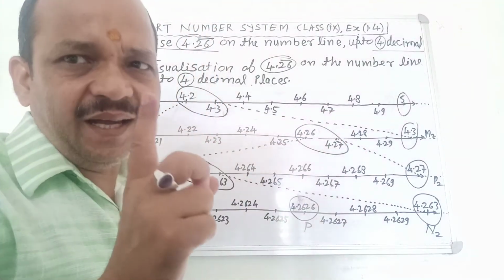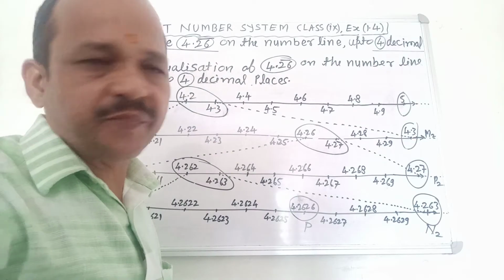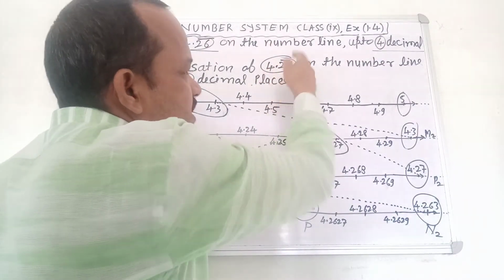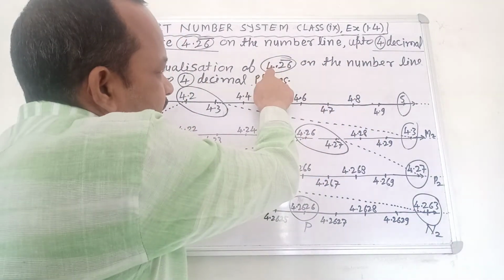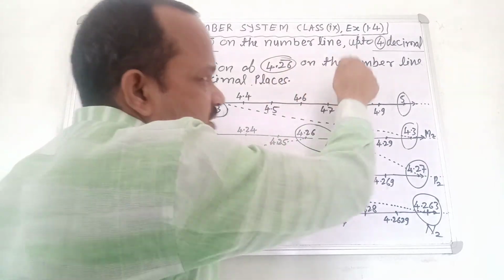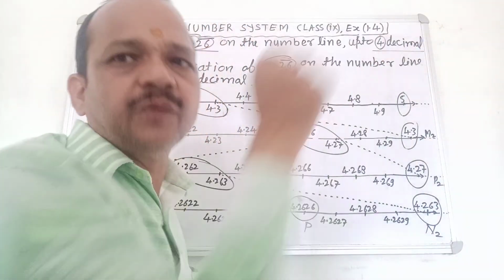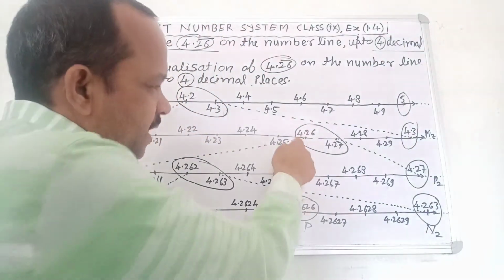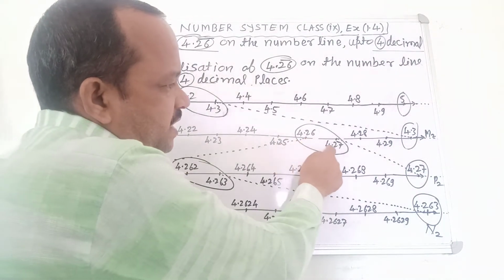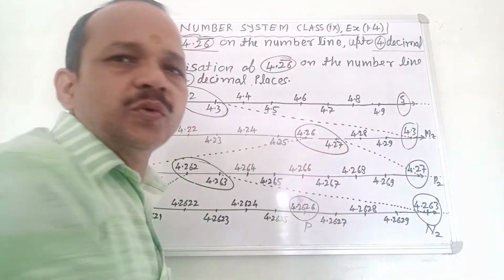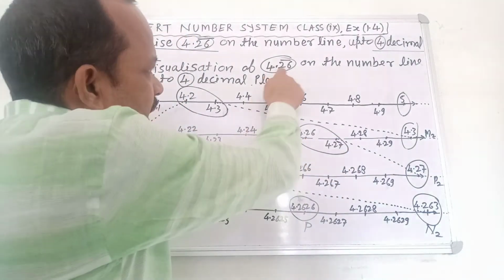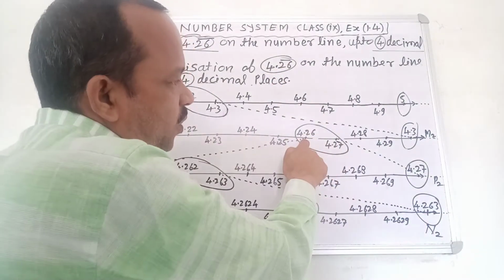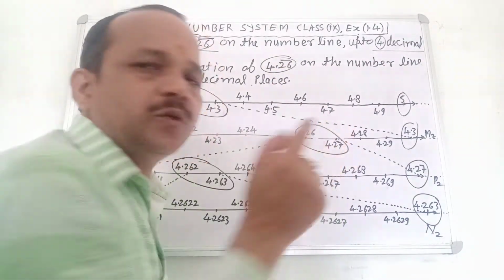Bar means repetition. 4.26 bar means 4.26262626 till infinite. 4.26 bar is between 4.26 and 4.27.